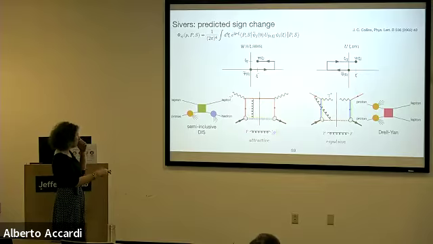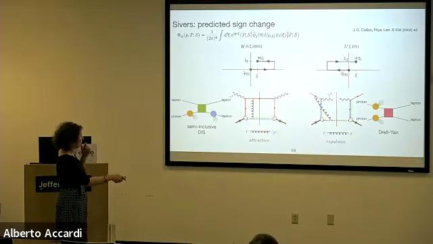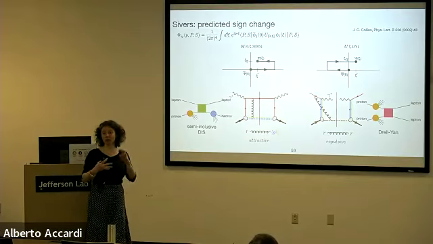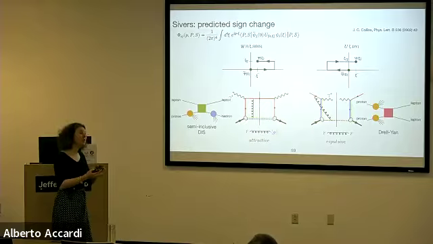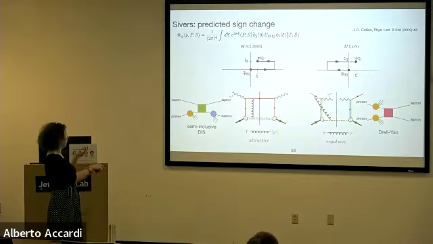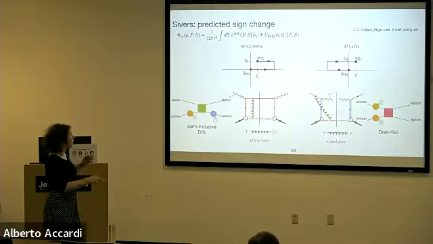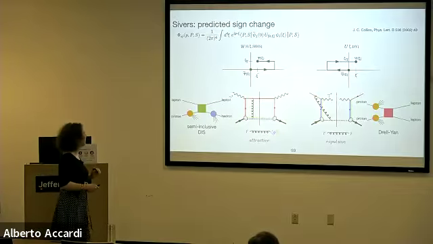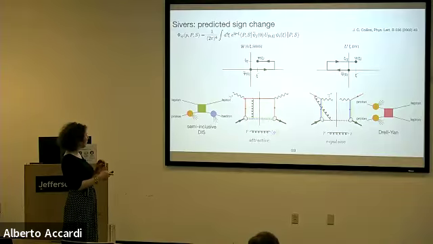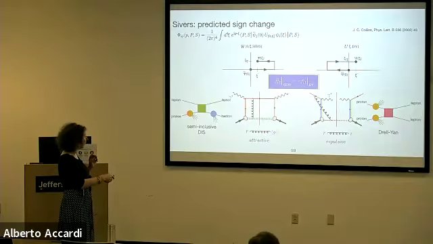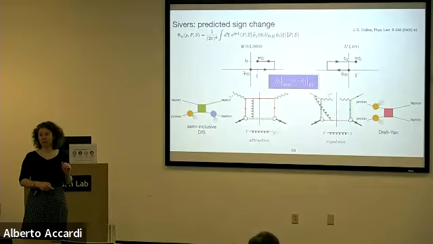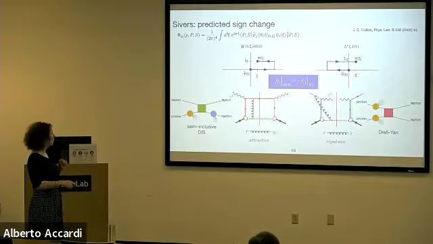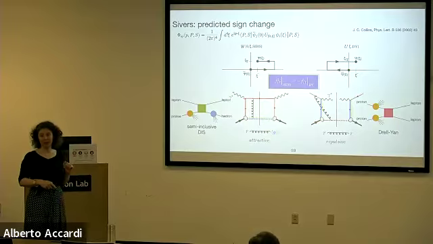So there you have initial state interactions because it's before the hard interaction. And there, this interaction is repulsive. And because of the difference between the attractive and repulsive interactions, the difference between initial and final state interactions, you expect an opposite sign for the Sivers distribution in electron-proton scattering and in Drell-Yan.